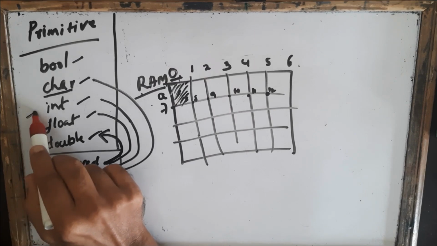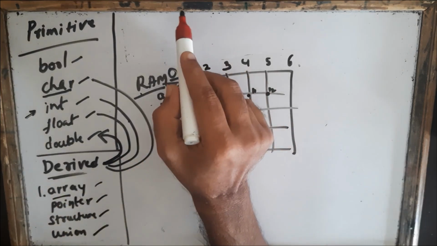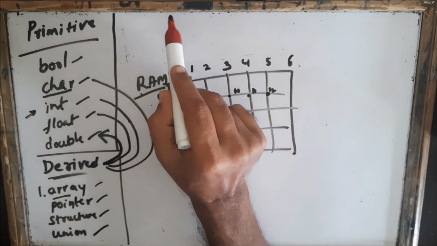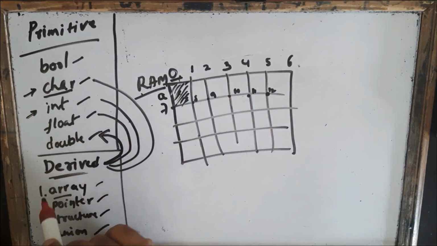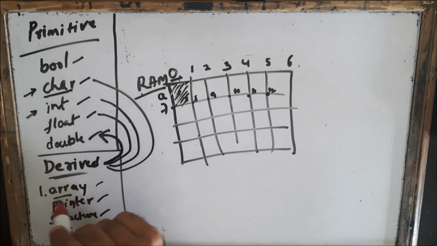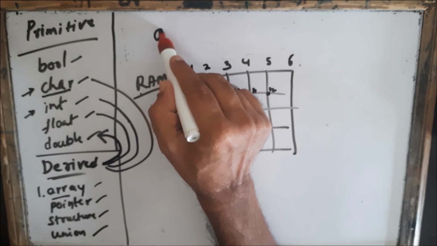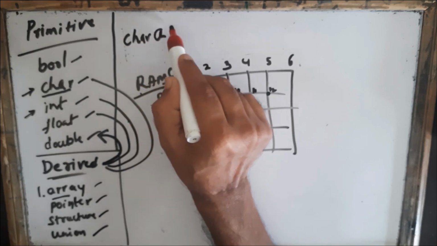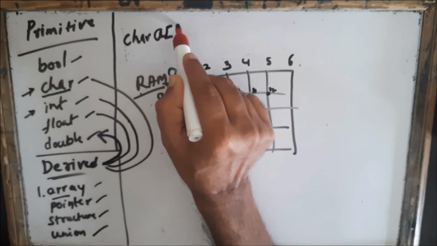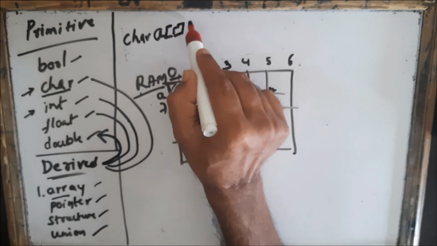Now we go to the array. So this character is done. Now a derived type of character, that is, we take array as the example. Say for example character A of 5.